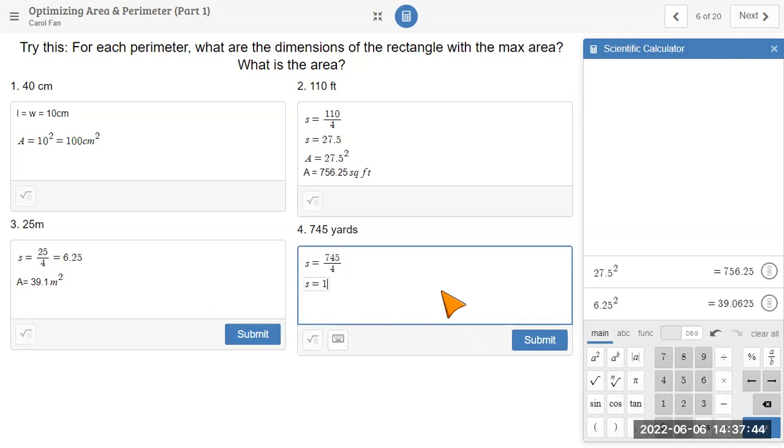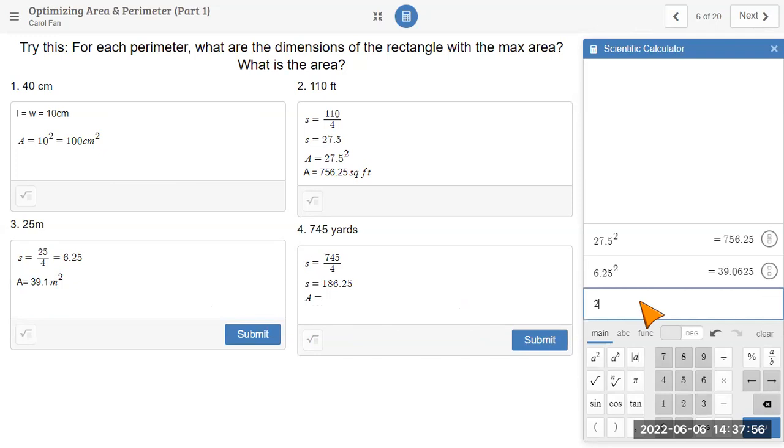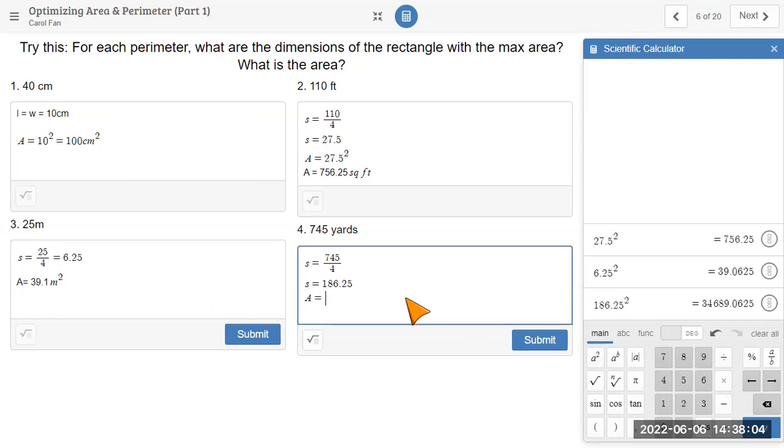Our side is 186.25. And the area, 186.25 squared, 34,689.1 square yards.